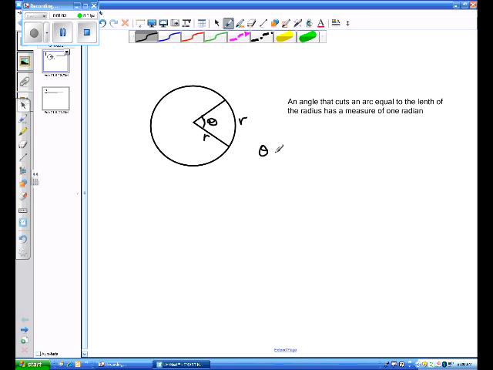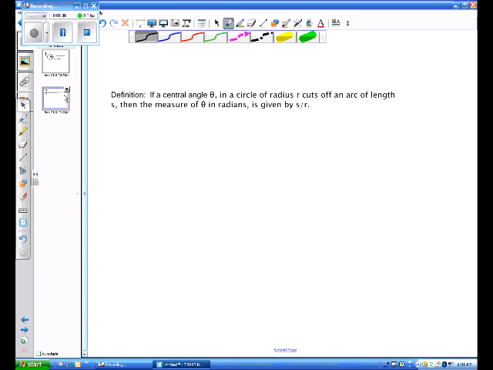In this case, theta would equal 1 radian. So we're measuring our angles by the arc that's cut. And that measure of radians is where the radius and that arc that is cut are the same, and we'll have our measure of 1 radian.